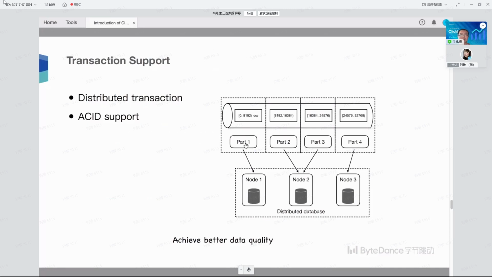And additionally, if a failure happens during the insert process, the partial data will also not be visible, and our system will automatically clean that partial data from our system.